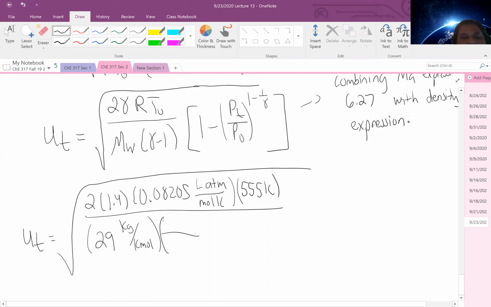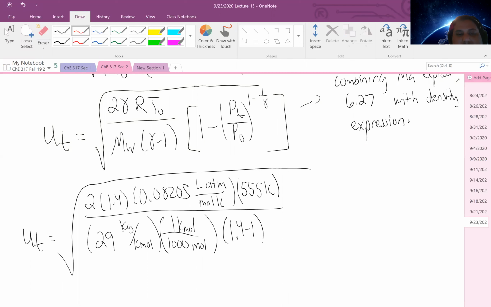I would need to convert this to moles. And I can go slower if I'm going a little too fast. Just feel free to let me know. If you could slow down just a little bit, that'd be awesome. Okay. And then this is going to be times 1.4 minus 1 or 0.4. I can do a quick unit check.